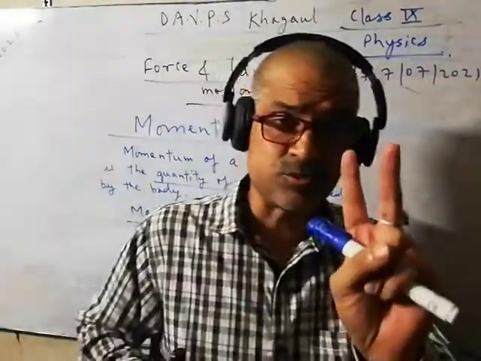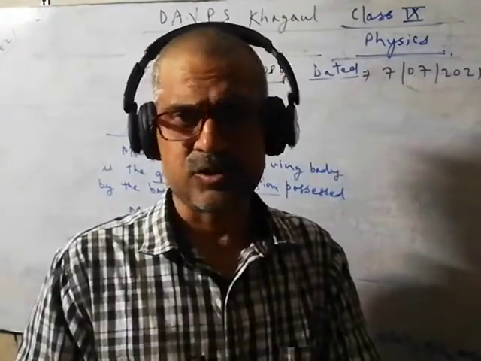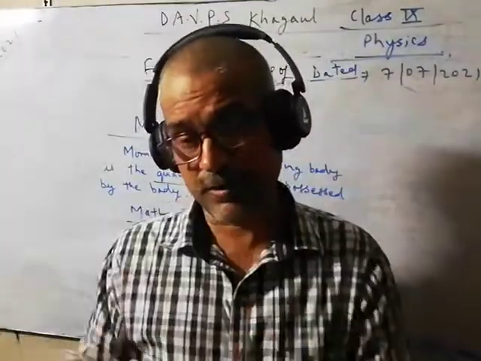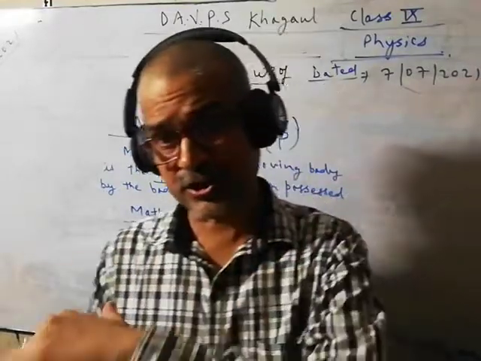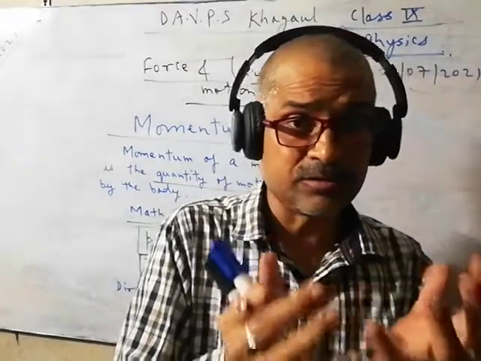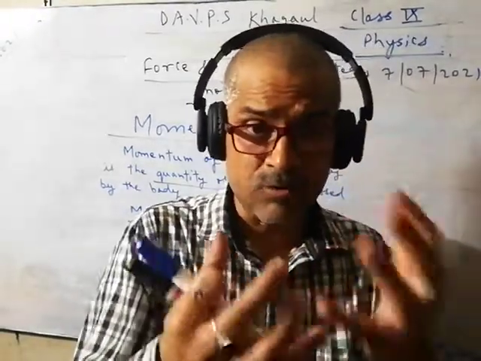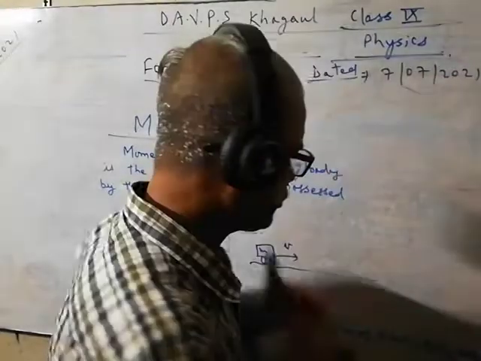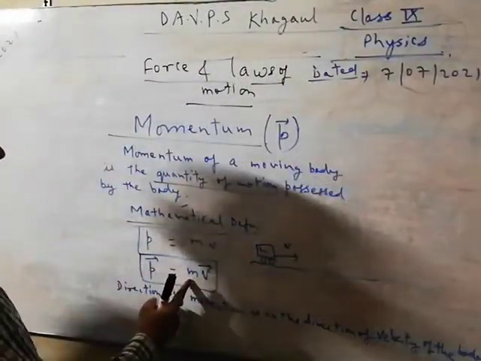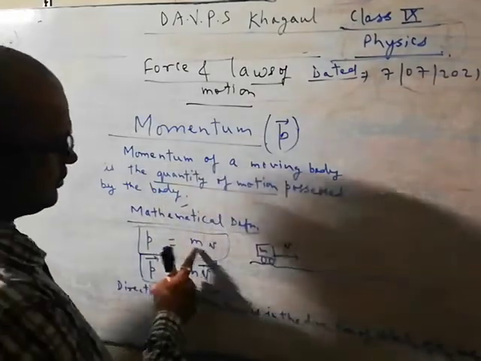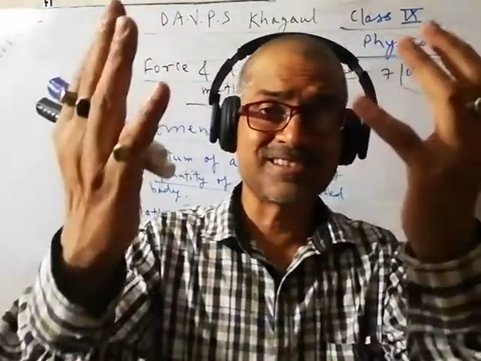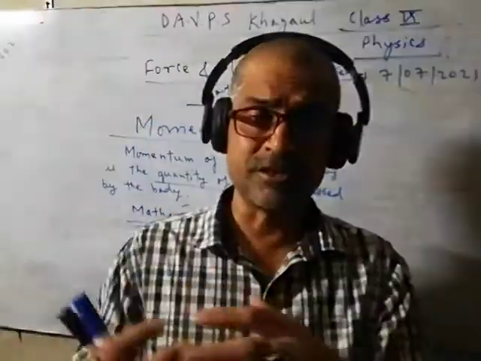Because a vector quantity has two points: direction and magnitude. So the momentum direction is clear. It is in the direction of velocity. If the direction of velocity changes, the direction of momentum also changes. But what about the value, the amount, the magnitude? The magnitude of momentum is given by the product of mass and velocity. More mass, more momentum. More velocity, more momentum.